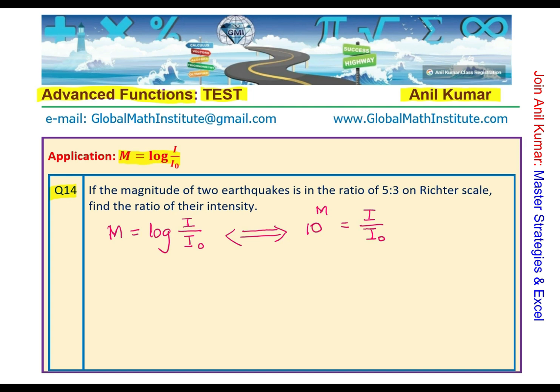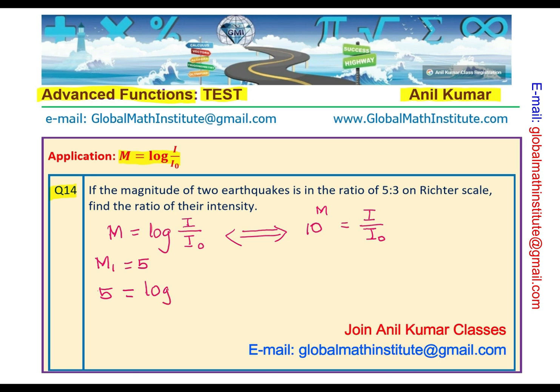Now we are given that the magnitude of two earthquakes is in the ratio of 5 to 3. So let's say one of them is 5, the other one is 3. So we are saying that magnitude m1 is 5, right? In that case, 5 is equal to log of I1 over I0.